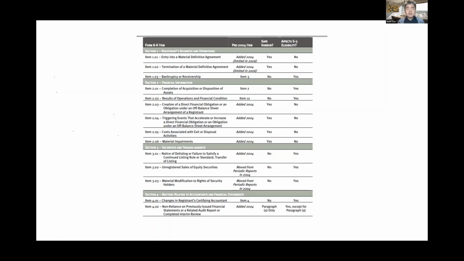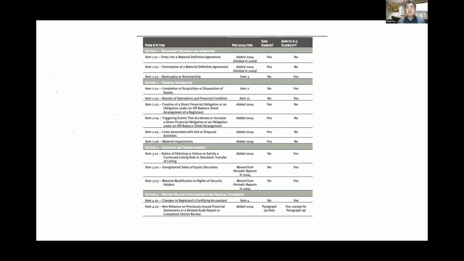And the game is changing. Before 2006, it was 14 days. So before 2006, the company had 14 days to file the news. But after 2006, it was 4 days to file the news. So there's a change.